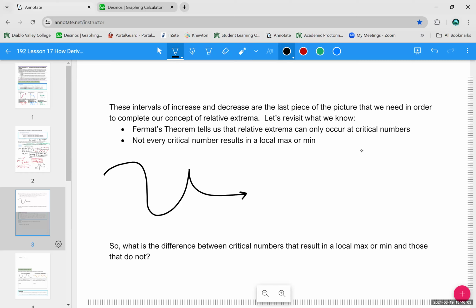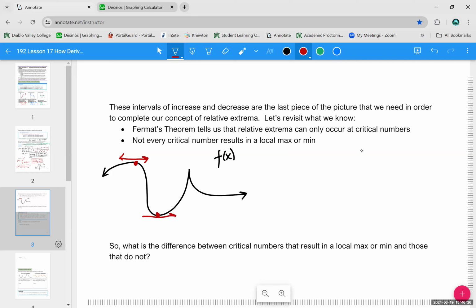It's really helpful to review these ideas because these are important. So I have a max somewhere up here, which is a critical number. The derivative is 0. I missed my tangent line, but you know what I mean. We've got a min down here.